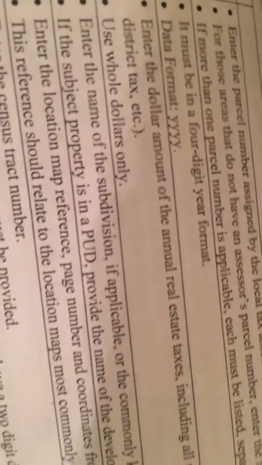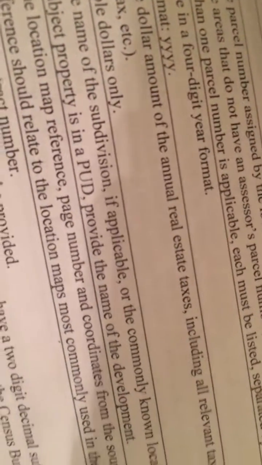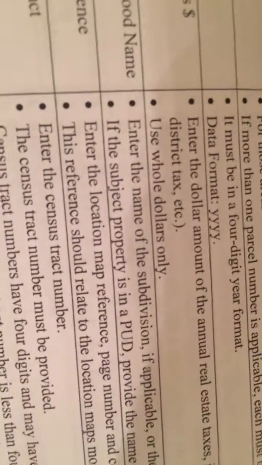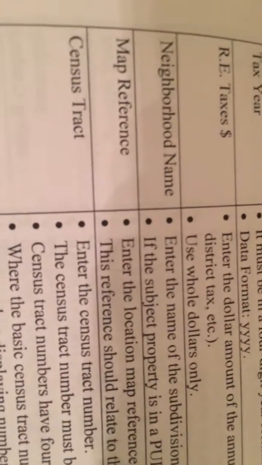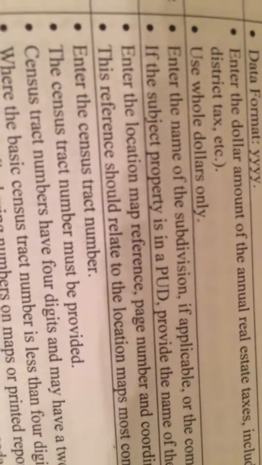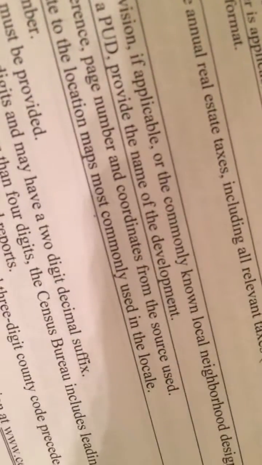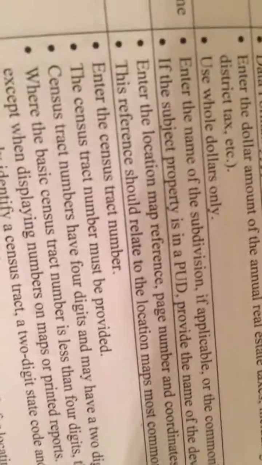RE taxes. Enter the dollar amount of the annual real estate taxes, including all relevant taxes, school district tax, fire district tax, etc. Use whole dollars only. Neighborhood name. Enter the name of the subdivision, if applicable, or the commonly known local neighborhood designation.